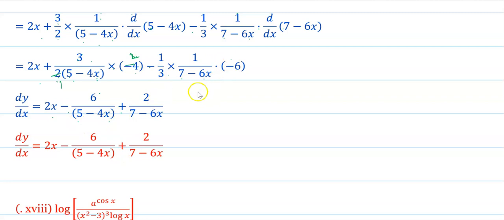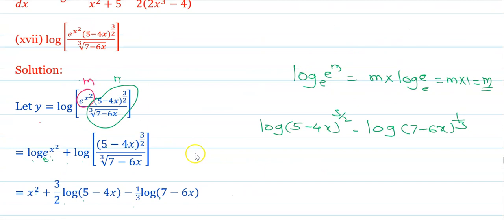This minus and minus again will become plus. And 3 1s are 3, 3 2s are 6. Therefore, it will be 2 upon (7 minus 6x). And hence the answer: dy by dx is equal to 2x minus 6 upon (5 minus 4x) plus 2 upon (7 minus 6x).